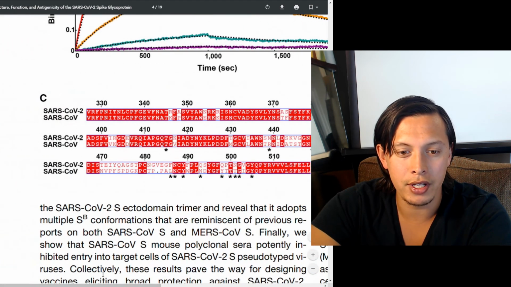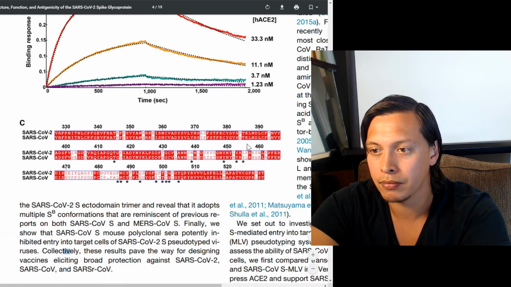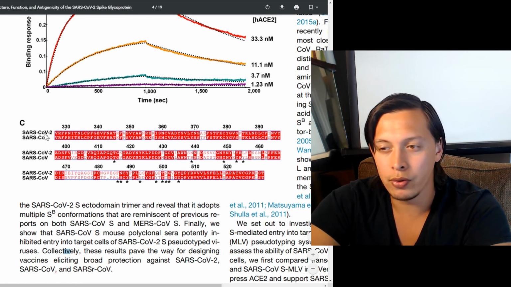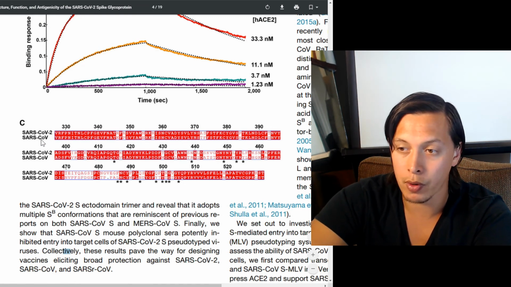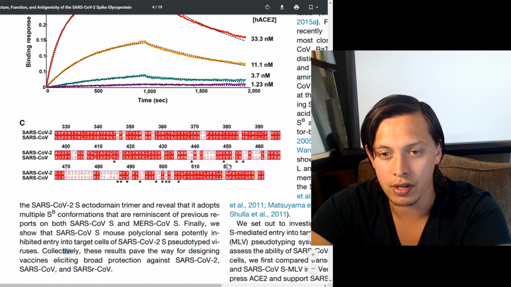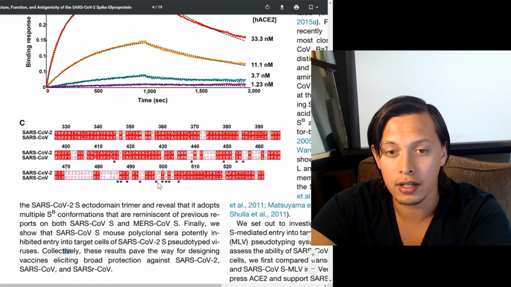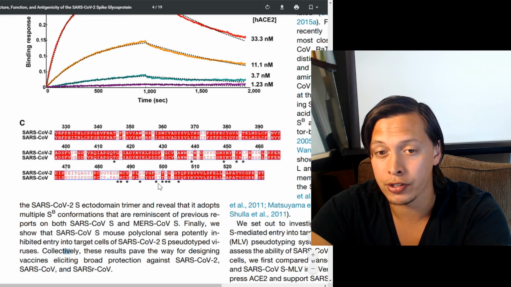So this is the amino acid sequence of the receptor binding domain of the new SARS coronavirus and the old SARS coronavirus. And here, where you see an asterisk or a star, these are the 14 sites that were absolutely conserved in the original SARS coronavirus.